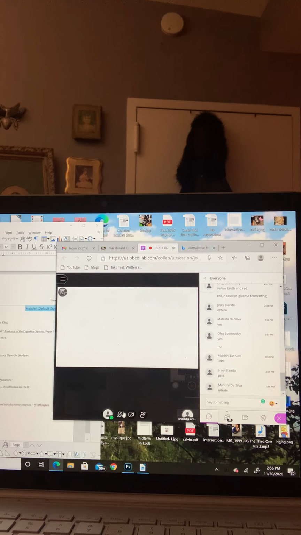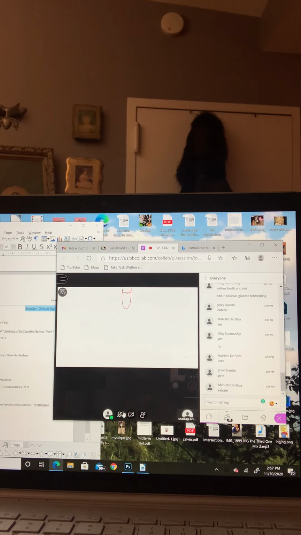For the nitrate, you see if your microorganism can reduce nitrate. Can someone explain to us about the nitrate test, the introduction of the nitrate?